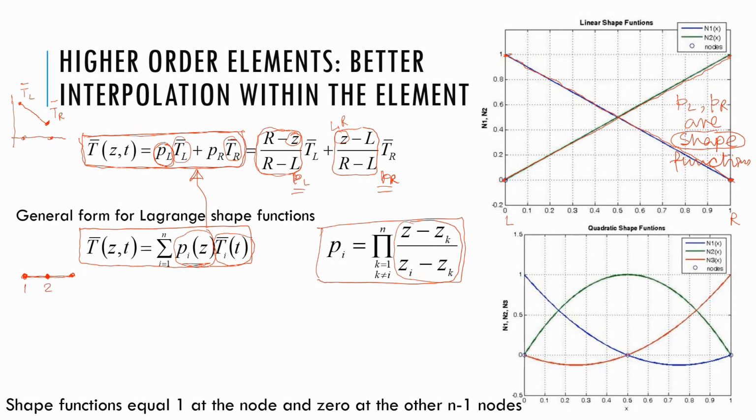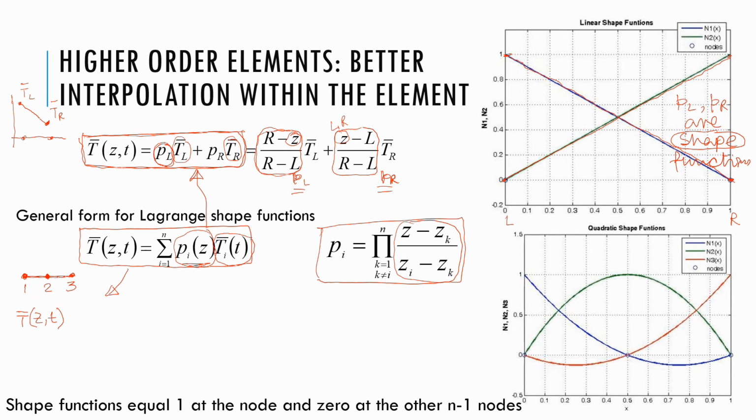Node 1, node 2, node 3. And I'm going to now write up this equation for the three-noded element. It's the interpolation of the values at the nodes to get any other value in between.